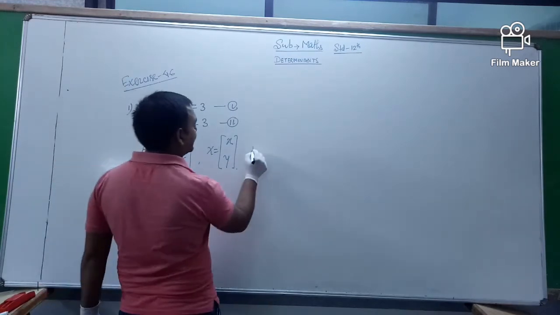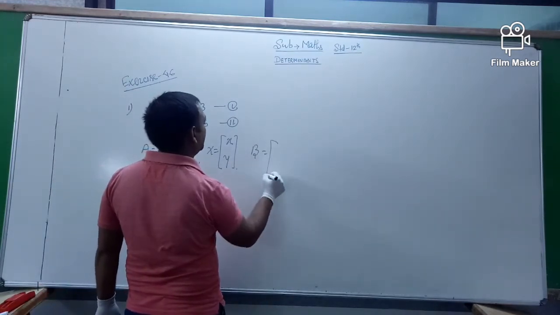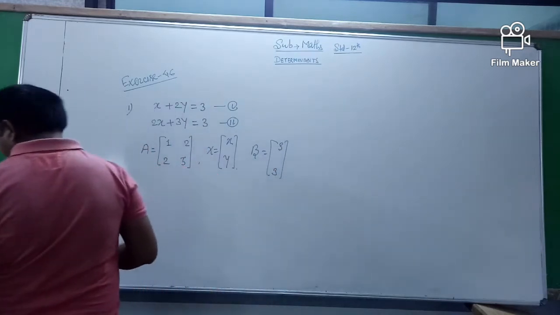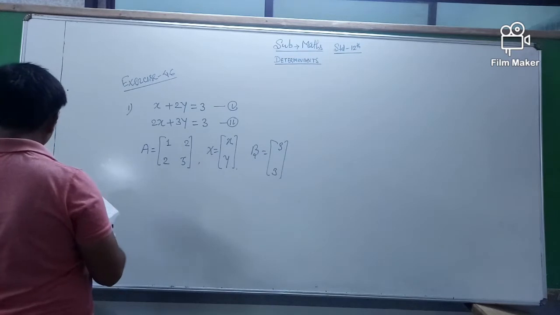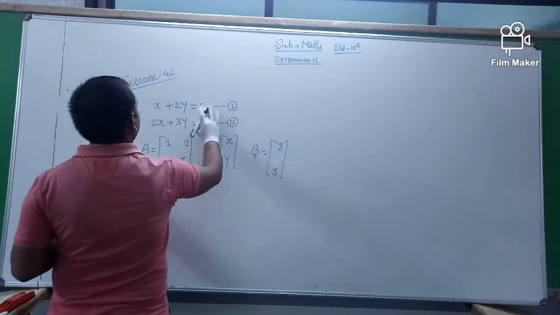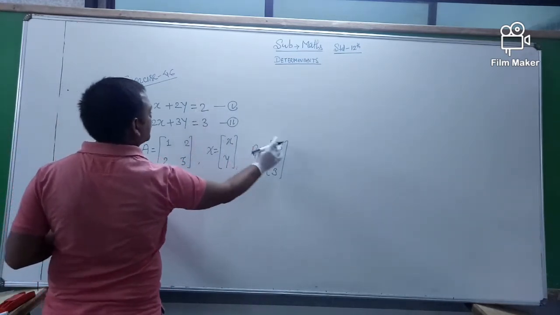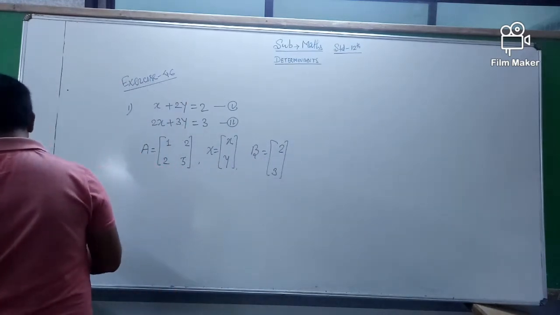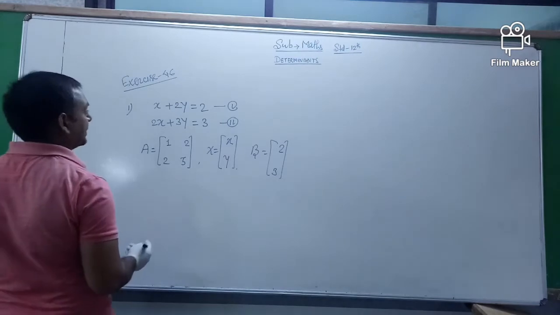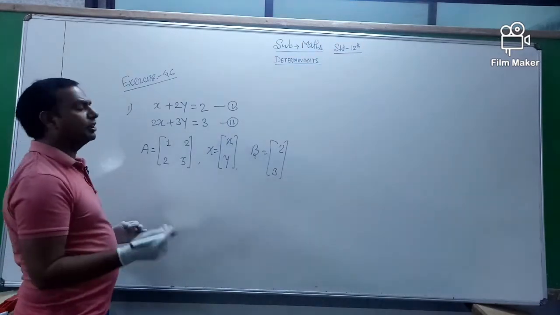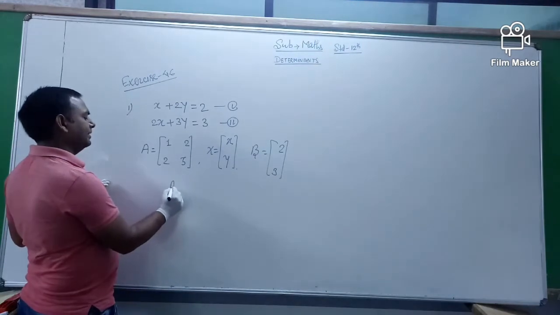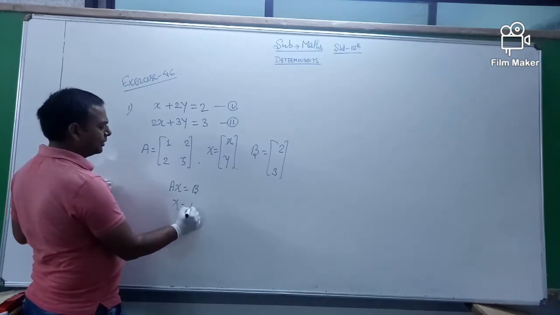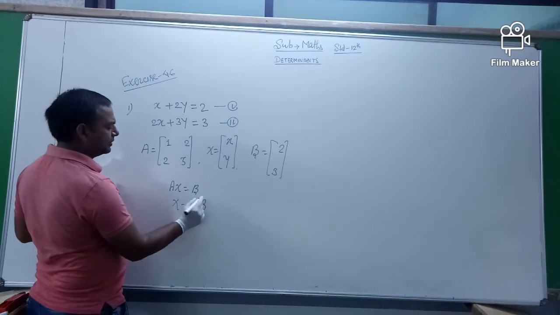Then you take the matrix B, that is 3 and 3. So the formula for solving the equation AX = B is X = A inverse B.